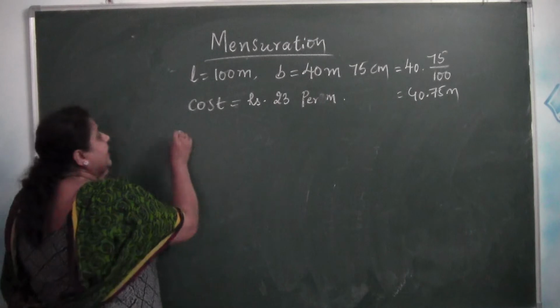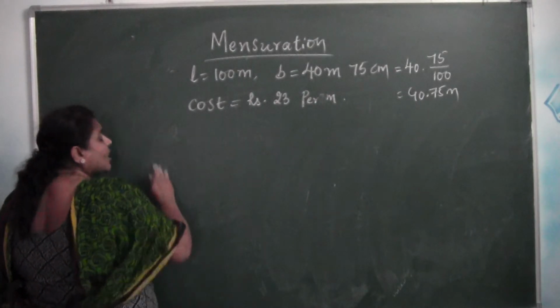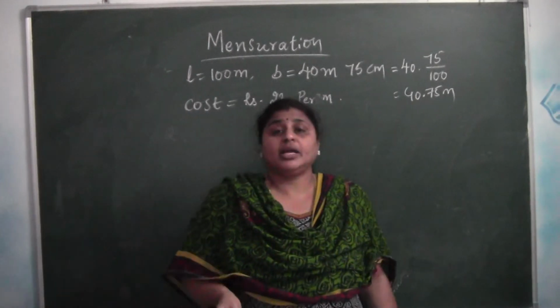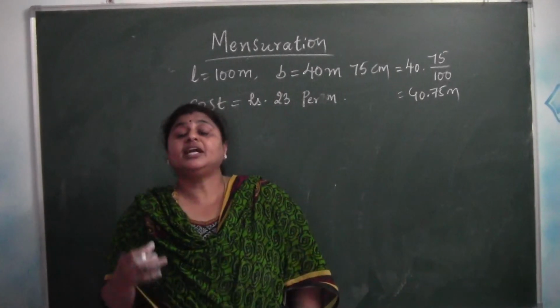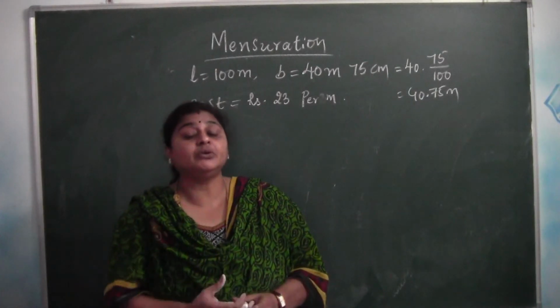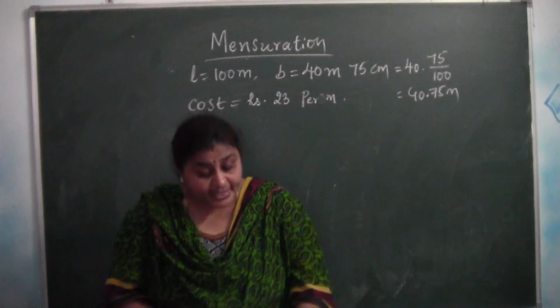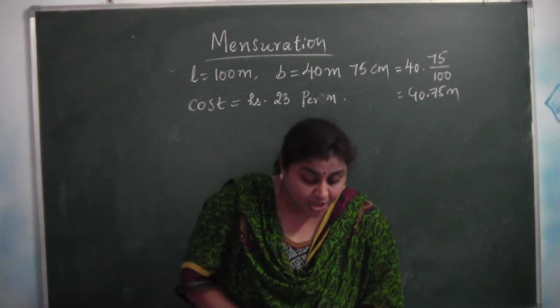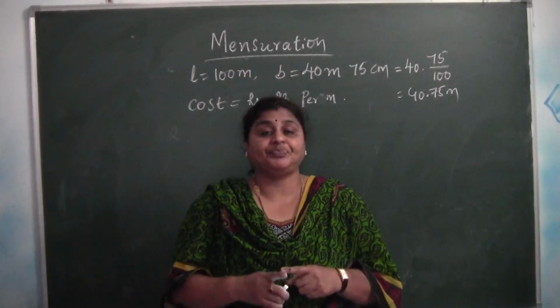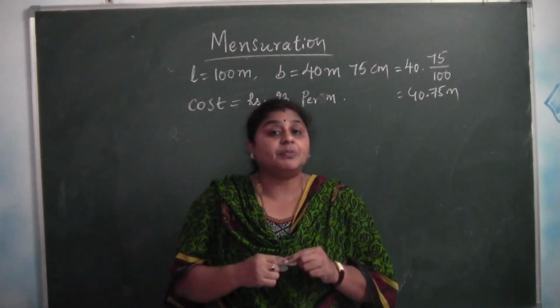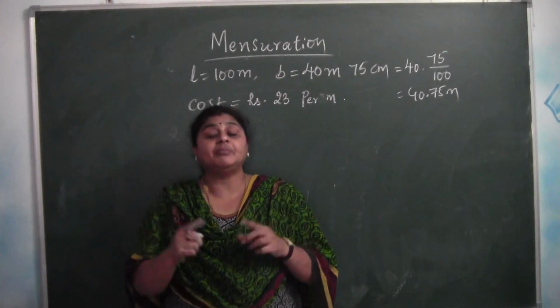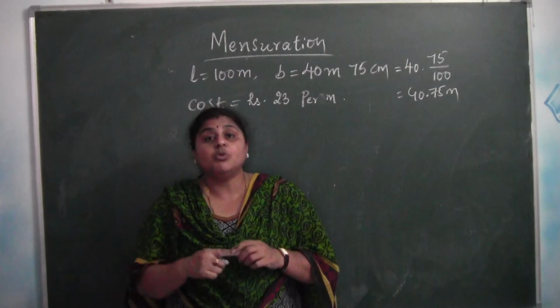Now let us calculate the perimeter. How can we know in a given word problem that we have to calculate the perimeter only but not area? What is the question given, children? Find the cost of building a boundary. So when I was explaining the formula for perimeter and area of a rectangle, what did I say?